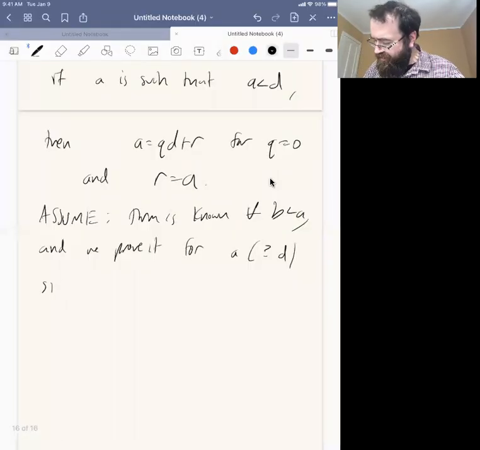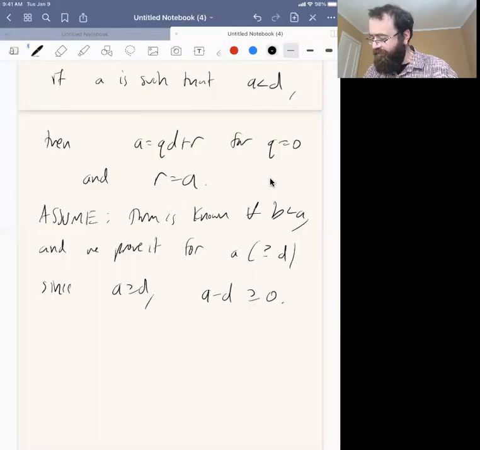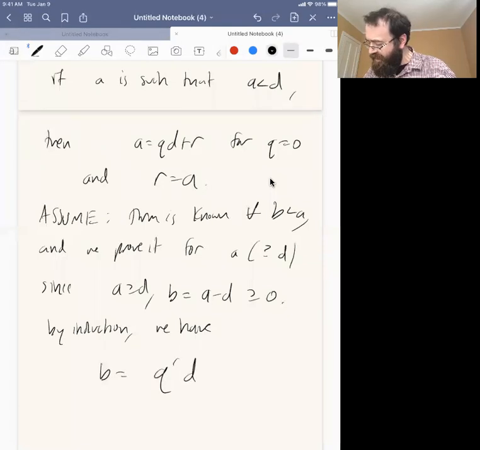So since A is greater than or equal to D, that means that A minus D is greater than or equal to 0. Let's call that B. So the theorem is known for B. So by strong induction, the theorem is known for B. We have B equals Q prime D plus R, right? We can do the division.